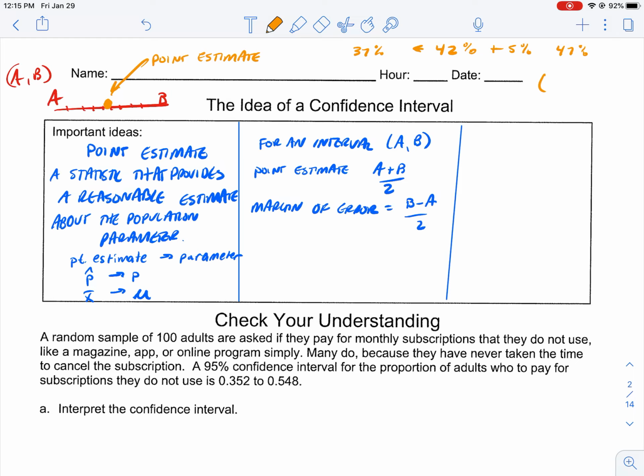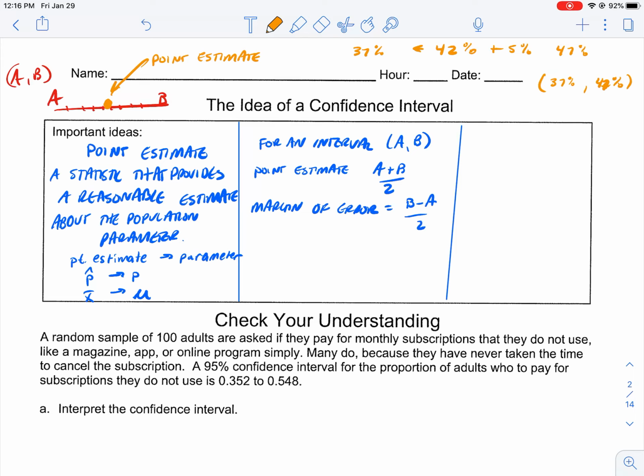And so I would say that I am 95% confident that the true percentage of high school seniors that have Netflix on their phone is between 37 and 47%. And my point estimate would be 42%.